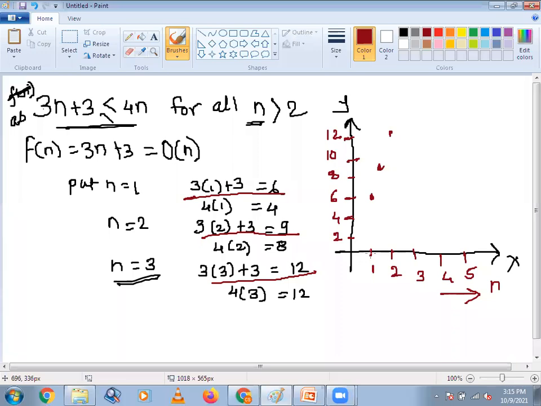Suppose n is equal to 0, then it gives 3. If n is equal to 0, it gives 3. So it starts from here.